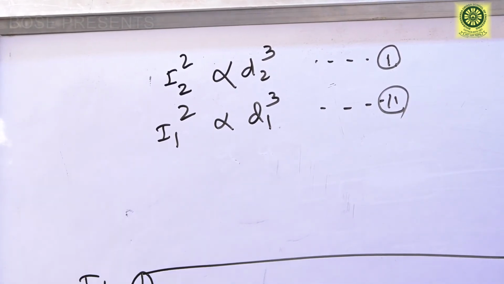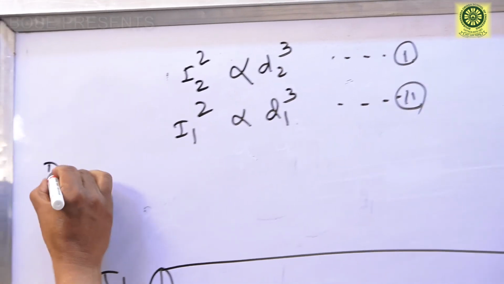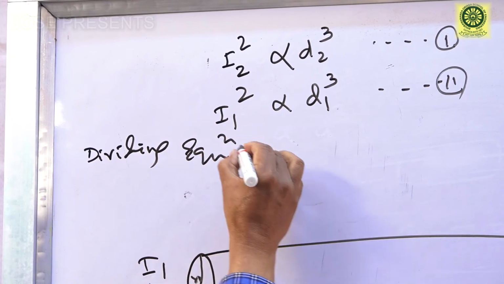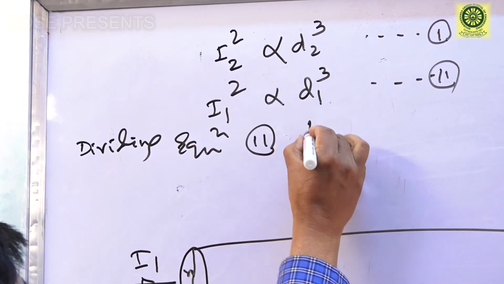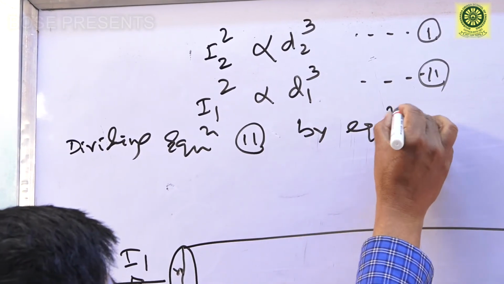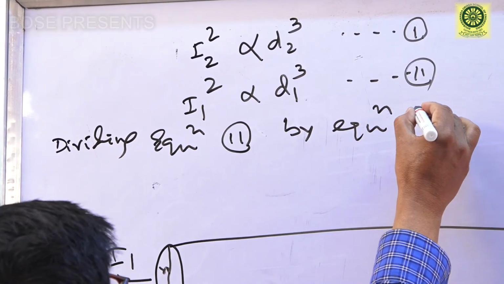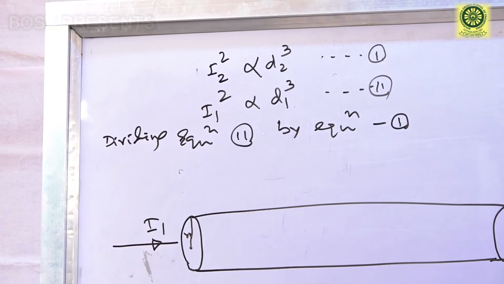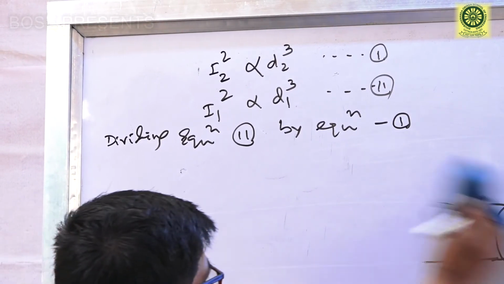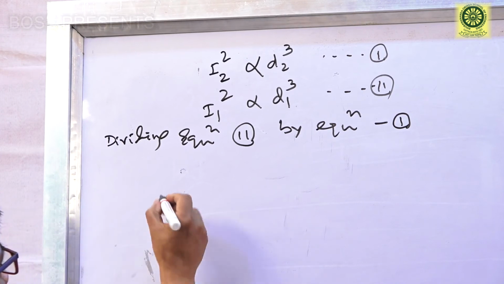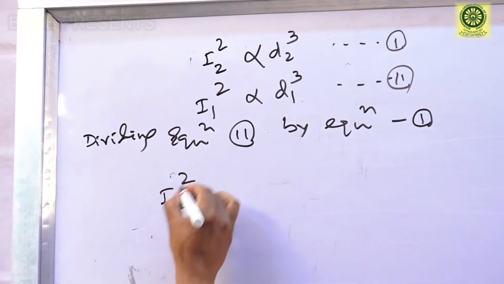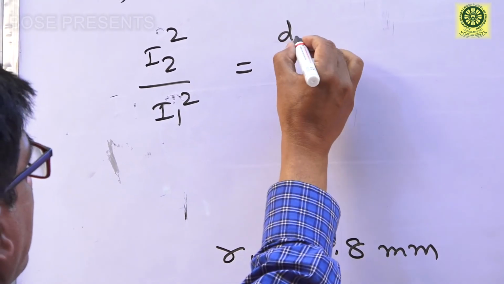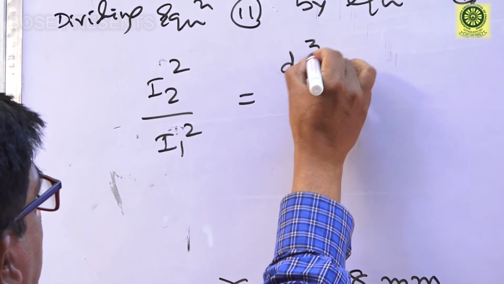Dividing equation 2 by equation 1, what can I write? I2 square divided by I1 square is equal to d2 cube divided by d1 cube.